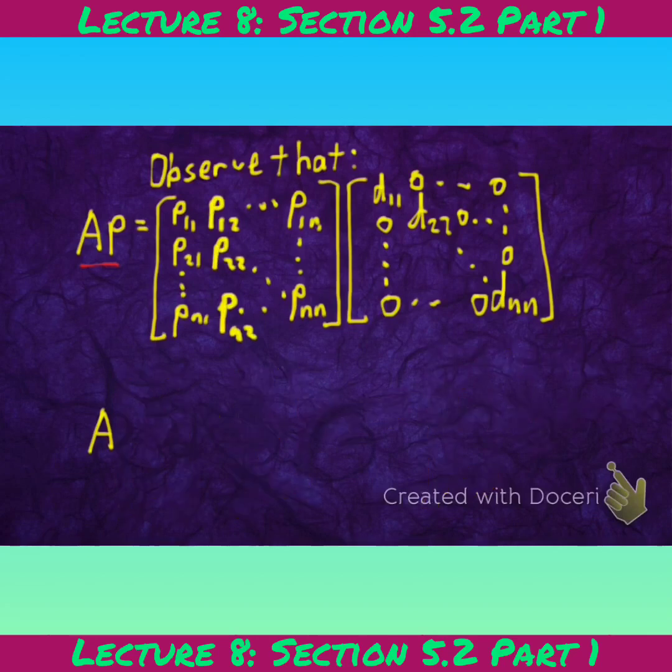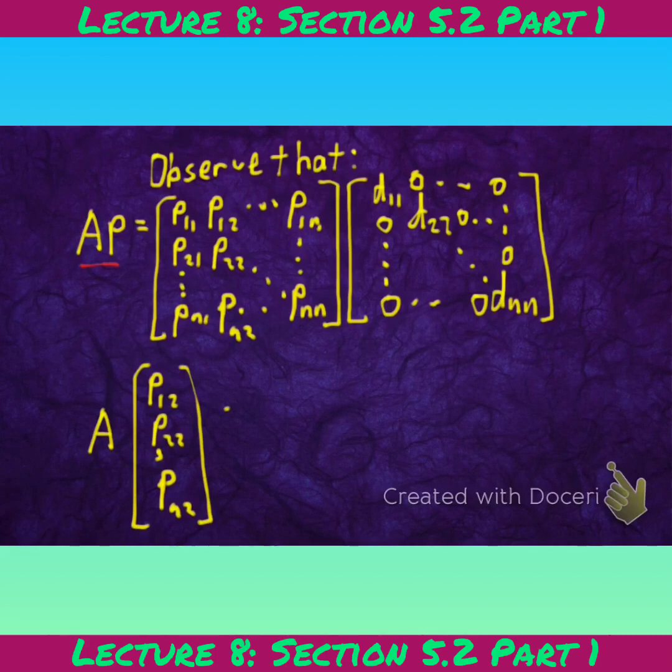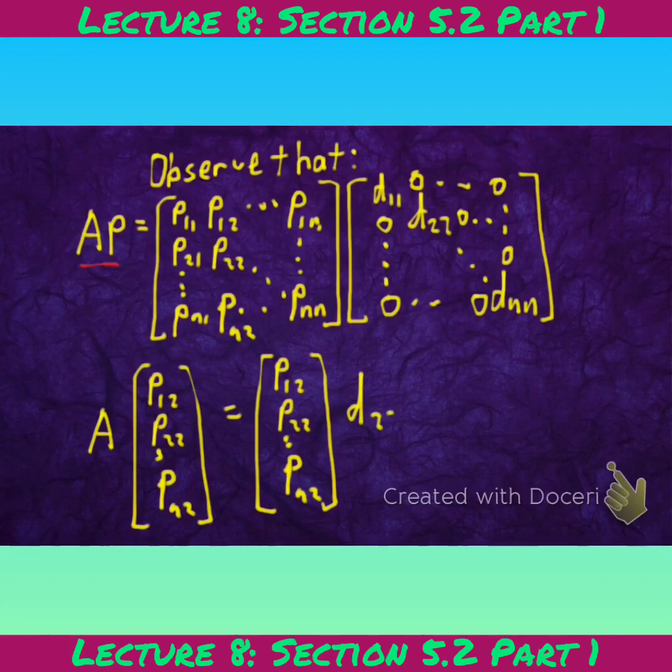Then if we just, as an example, take the second column there and we multiply that with the matrix A, that's going to give me the second column of the matrix on the right hand side, which is going to be the second column vector of P multiplied by the second eigenvalue, right?